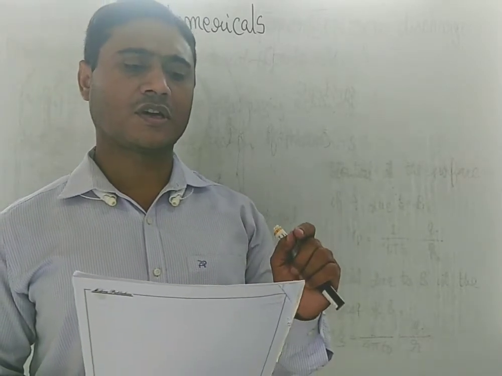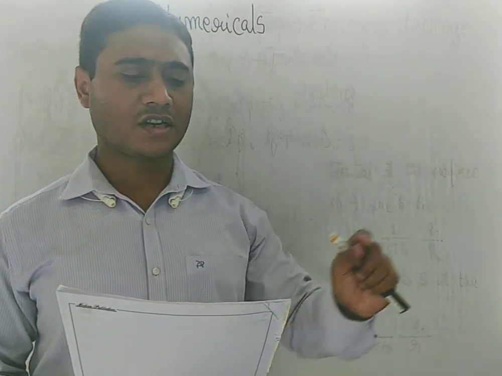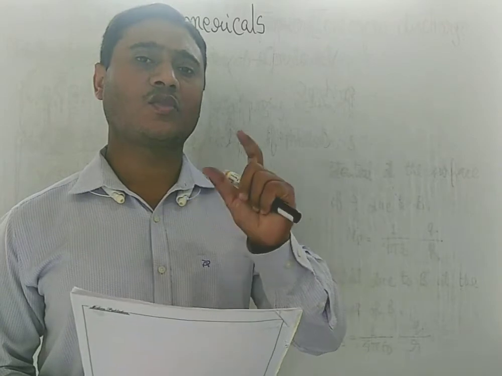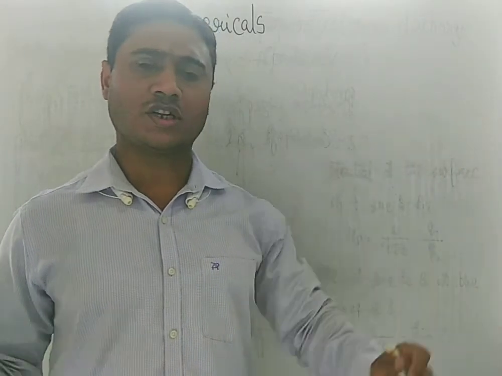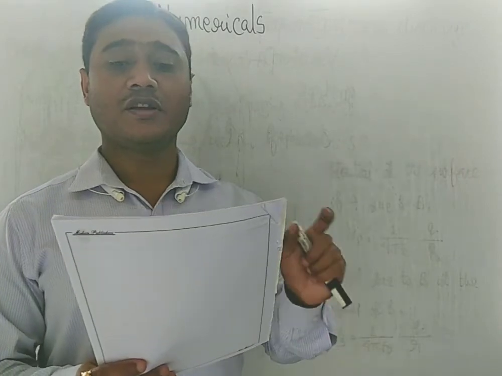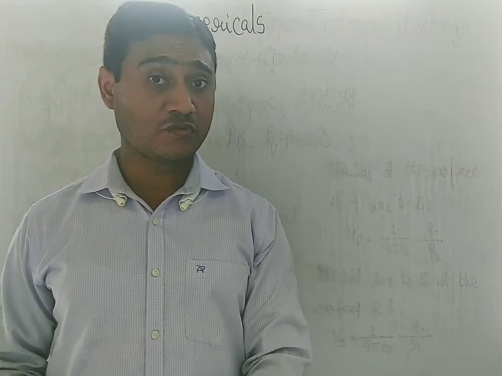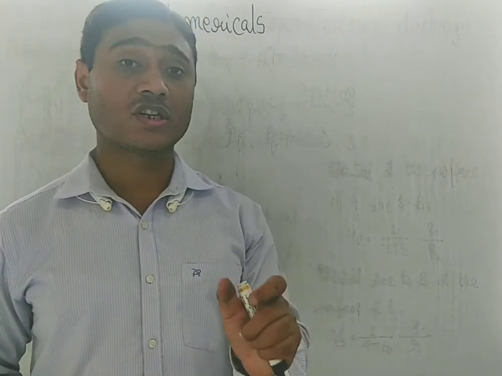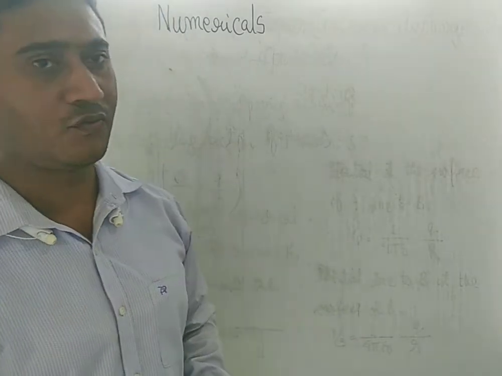The spheres are located far away from each other and connected through a thin conducting wire. Find the new charge density on the bigger sphere. The bigger sphere of radius 2R, what is the surface charge density that the question is asking from us.